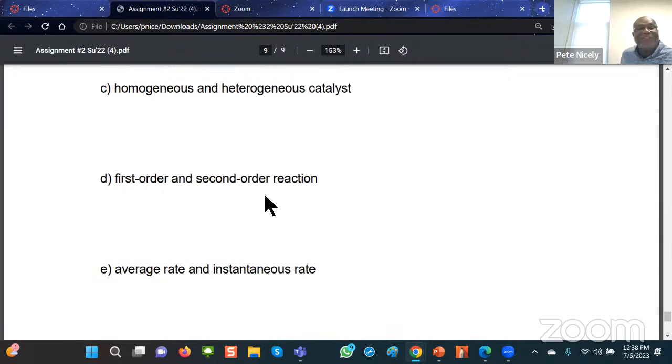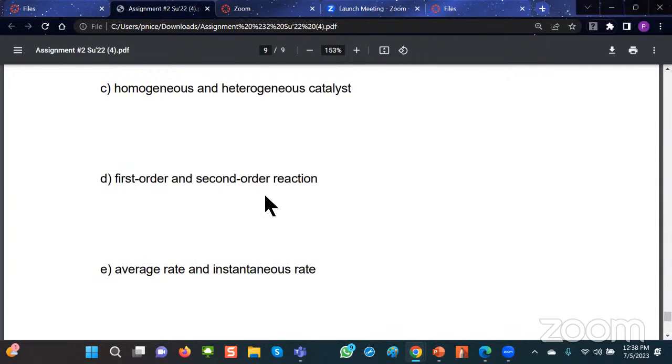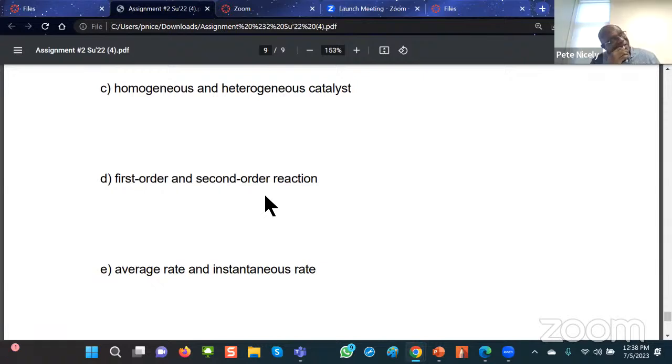What's the difference between a first order reaction and a second order reaction? The difference between the magnitude of the way the rate increases when the reactants are increased? Okay, that's partially correct. I would like something more specific, however.